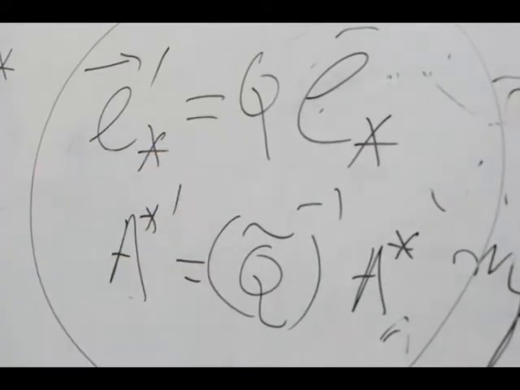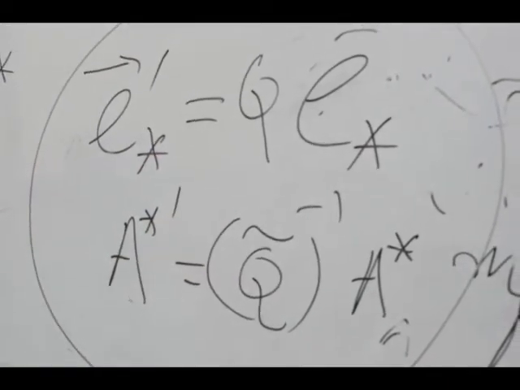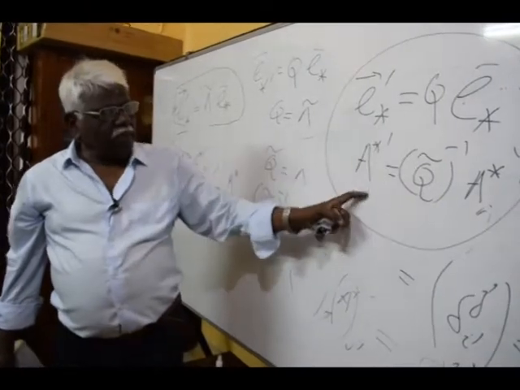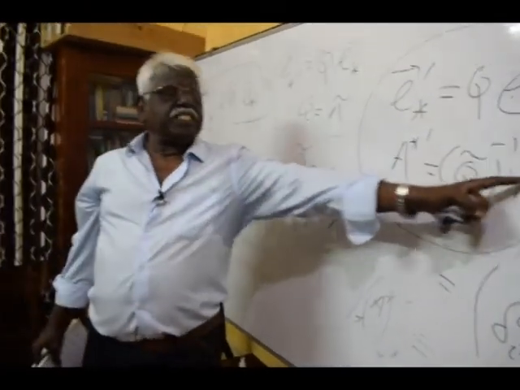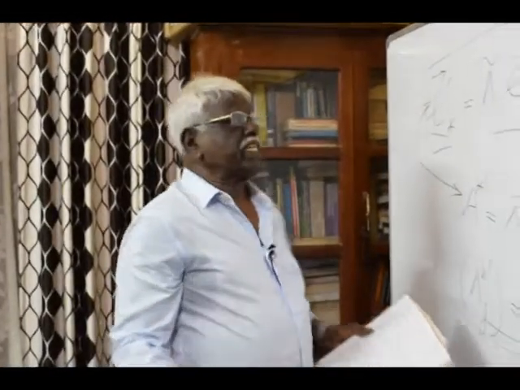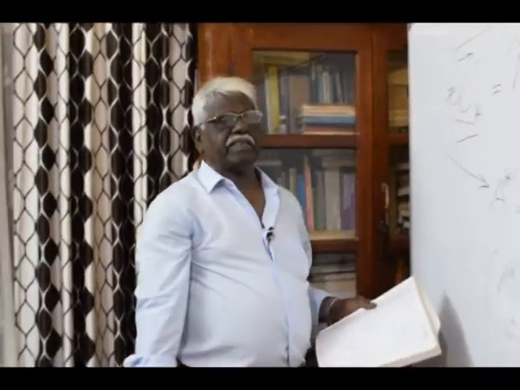That is why we call these A components contravariant components of the vector A. That is how the name comes. This is Q times this basis. The matrix of contravariant components transforms like this, Q transpose inverse. That is why these AIs are called contravariant components of the vector A.